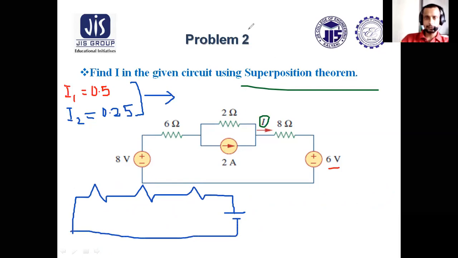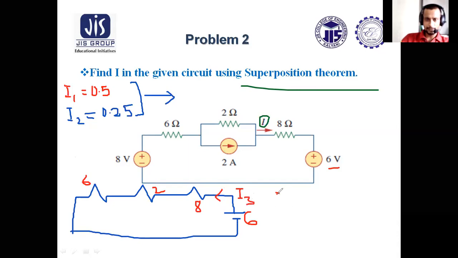So what shall we do here? The 6 volt source will be considered. This is 8 ohm. This is 2 ohm. The 2 ampere source is opened. This is 6 ohm. So what will be the current? The current will be through this path. This is I3.